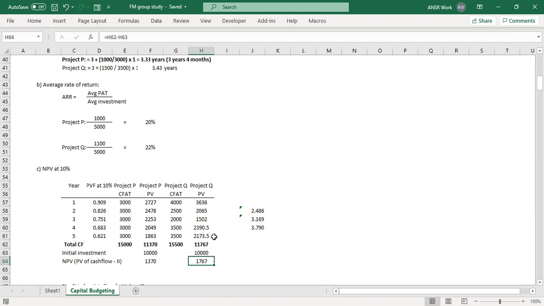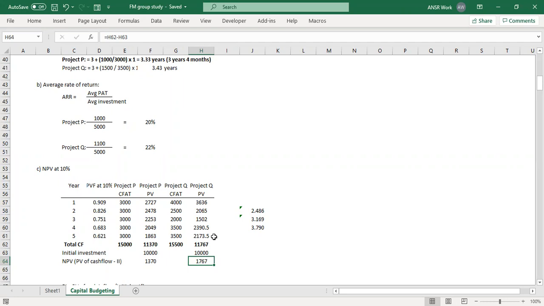Whatever money you are going to receive in the next 5 years, to be exact in this question, the equivalent amount of money today is 11,370 and 11,767. If we deduct the initial investment, the outflow, the net amount we are left with is 1,370 and 1,767.